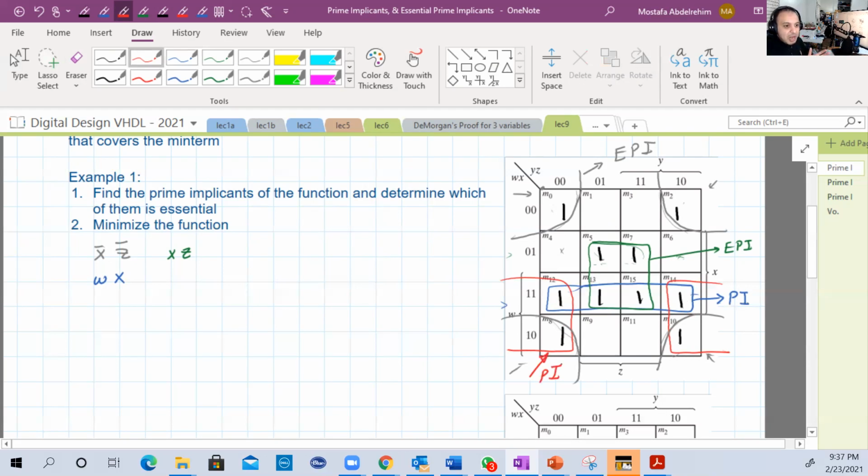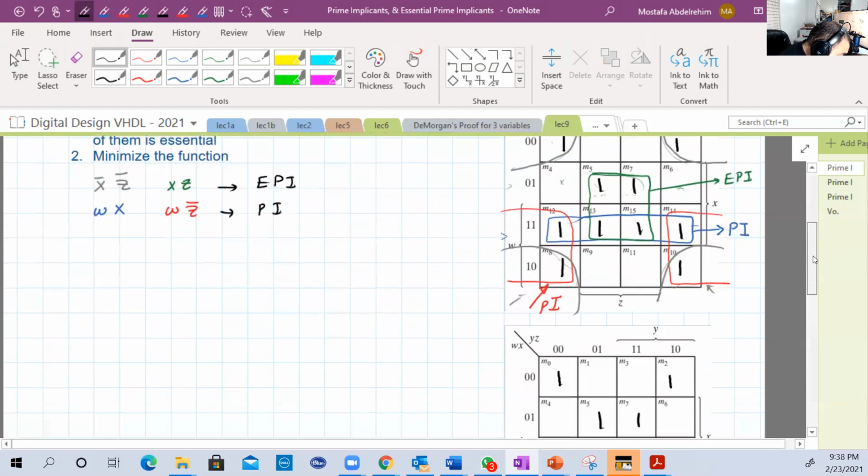Remember, all of them are prime implicants, but only some are essential, which here are the gray and the green. What is this one? W is not changing, X is changing, Y is changing: W Z bar. So those are the essential prime implicants, written as EPI, and the others are just prime implicants, not essential.